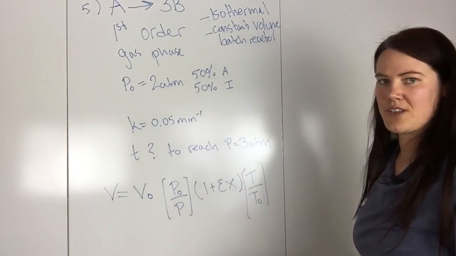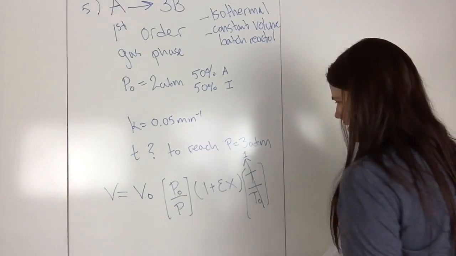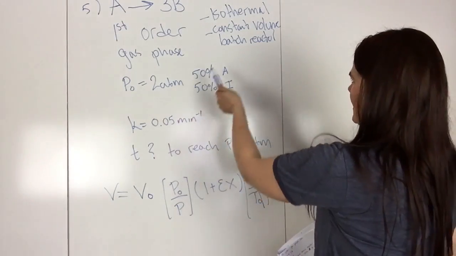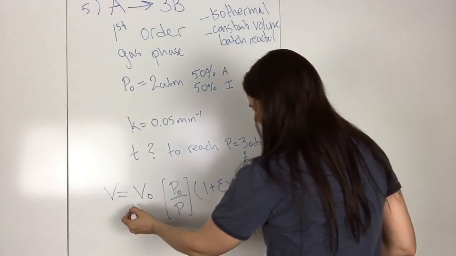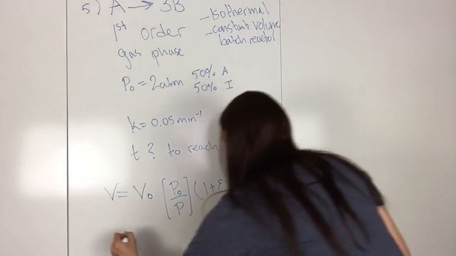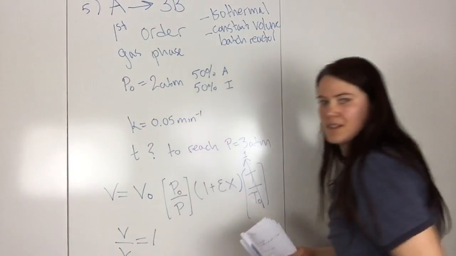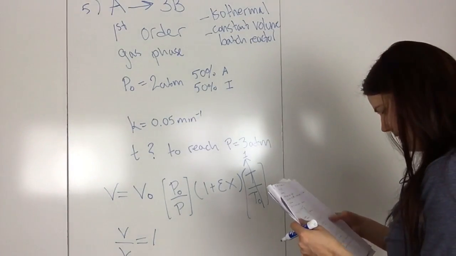So looking at this equation, first of all, if we assume isothermal, T over T naught is equal to 1. And then we also know that it's constant volume, so V over V naught is also equal to 1.